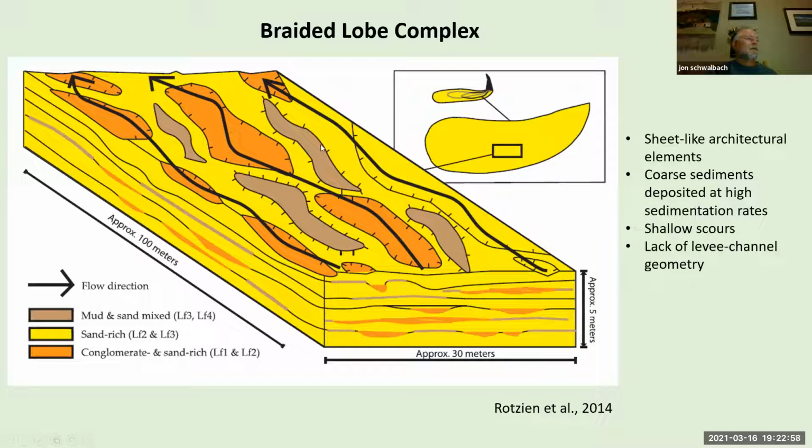He had a lot of coarse sediments deposited at high accumulation rates, lots of shallow scouring, and a lack of the levee channel geometry that you might expect in some submarine fan settings. So I just thought I'd show this. The reference is in the back if you wanted to look at that, but it's very similar to what we came up with.